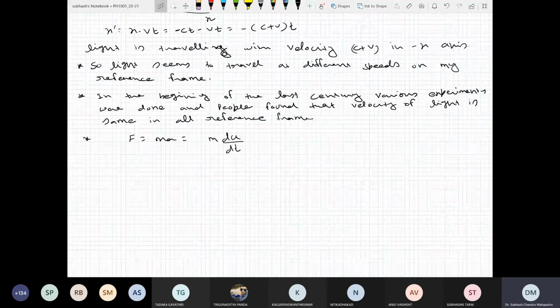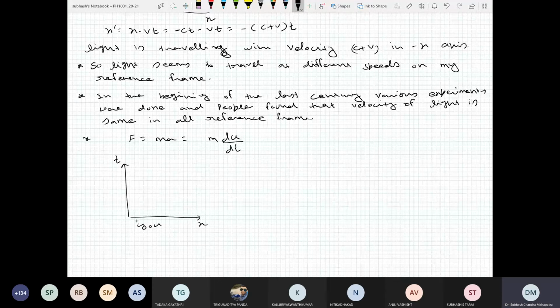Now let's say with respect to you, a ball is moving with velocity u. The ball can have any velocity, it can have an acceleration. What is the force? Force is m du by dt.